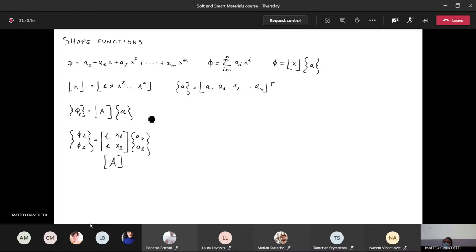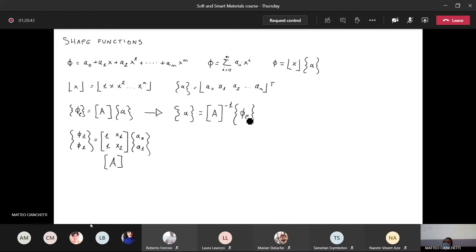Then from this, we can also invert it so that we can evaluate A as the inverse of A multiplied by the vector phi with our solution evaluated at nodes.